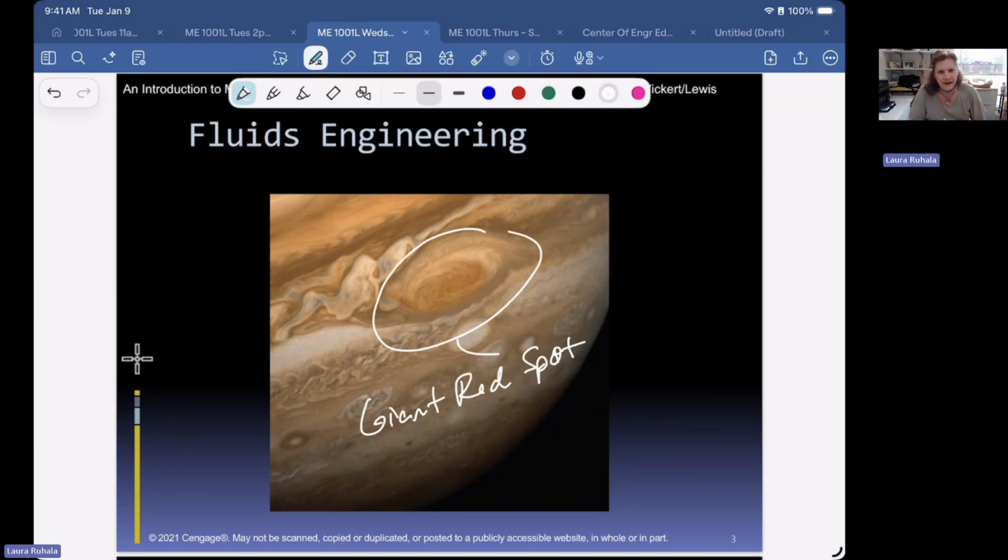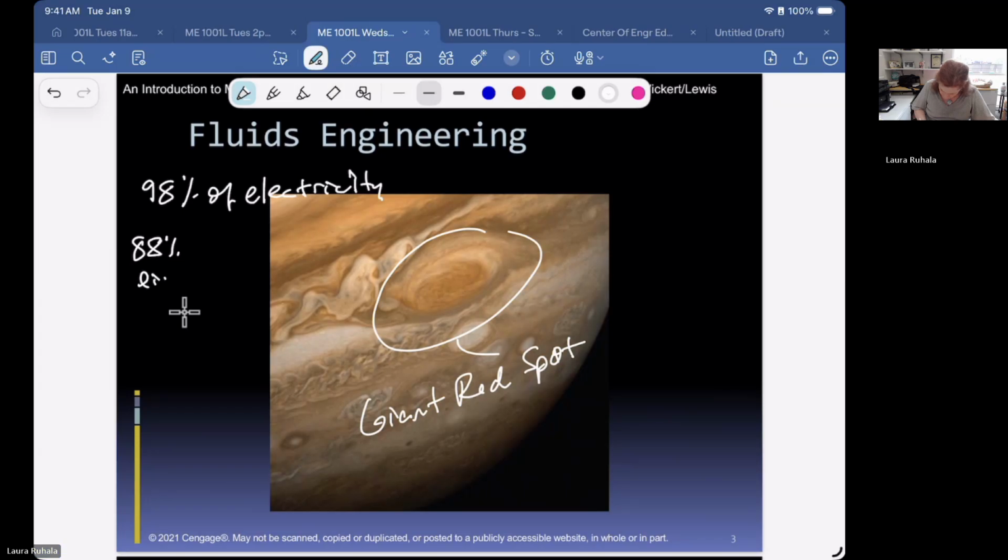Now, it's kind of interesting. 98% of electricity is produced through fluids engineering. This includes 88% from the cycle from liquid to steam and back again.